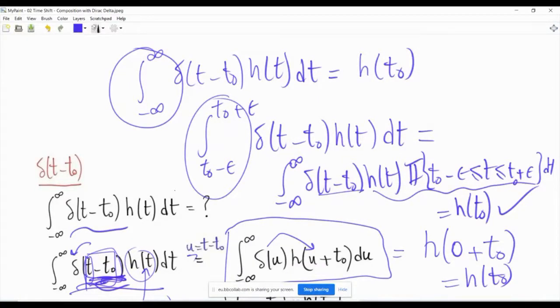You will get the value of the function evaluated at t0. So wherever the argument of the Dirac delta is 0, when t is equal to t0, that's what is important. We can do the integration from t0 minus epsilon to t0 plus epsilon, and it is equivalent to this one.